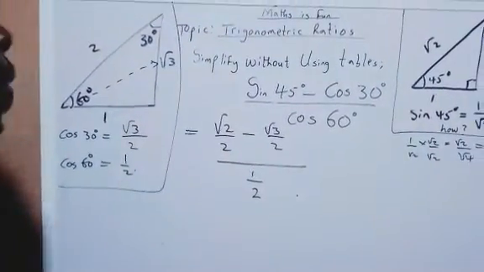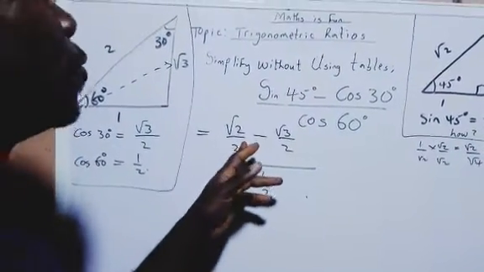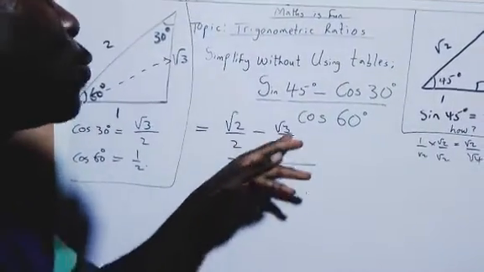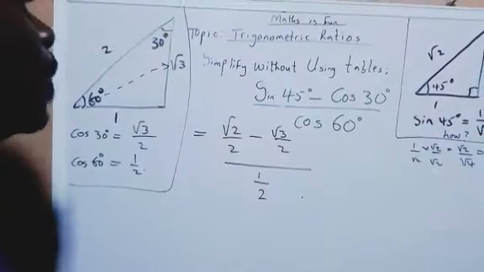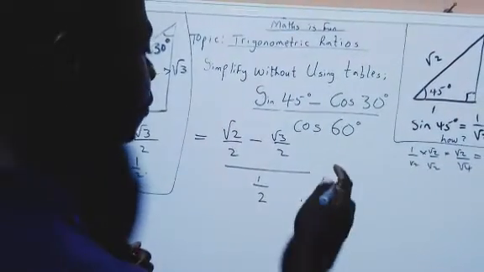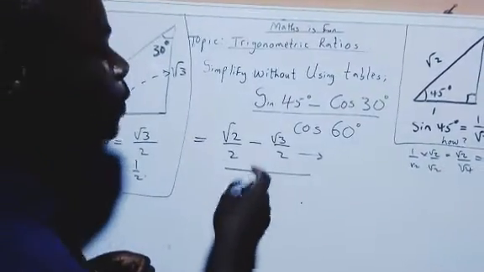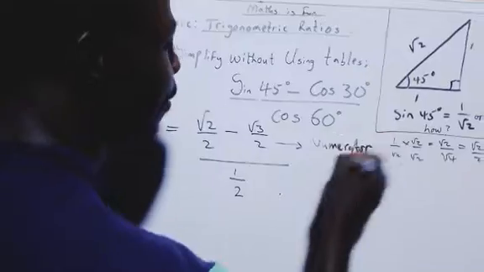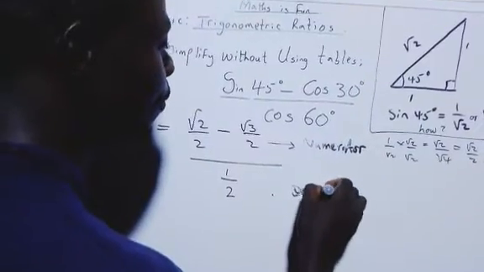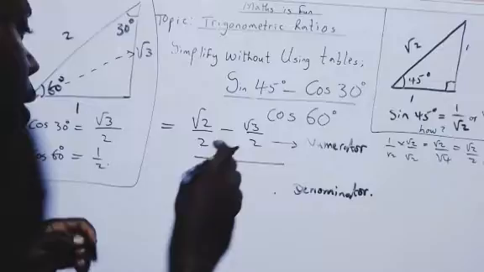Now as it is, we cannot subtract root 3 over 2 from root 2 over 2 directly because we have different roots. So therefore we have to find the LCM. There's nothing we can do more than that. So in this case, this is leading to a fraction. This is the numerator and this is the denominator. So from the numerator now, we can find the LCM.